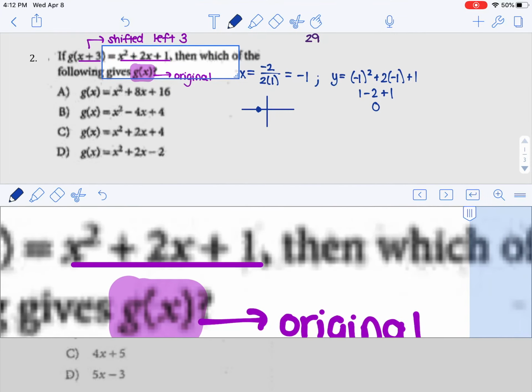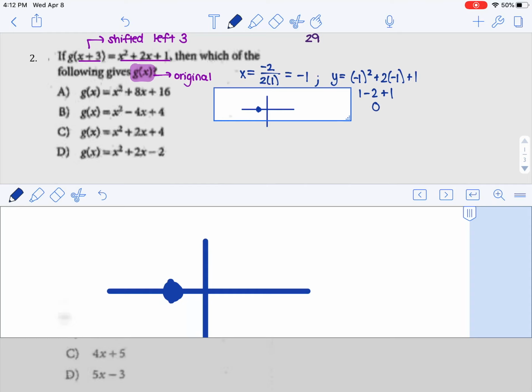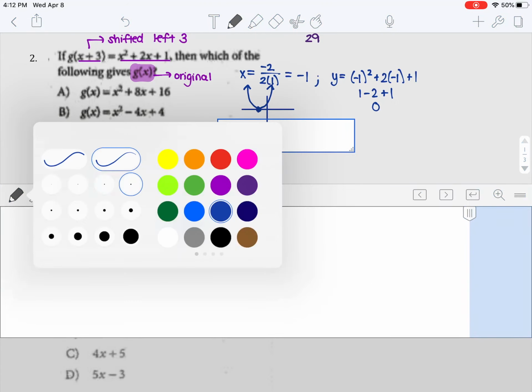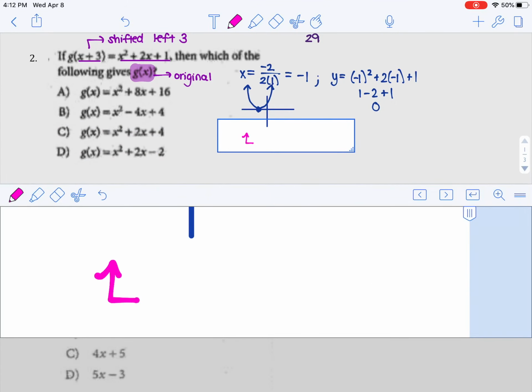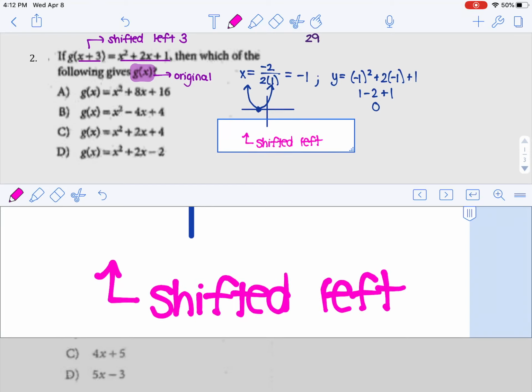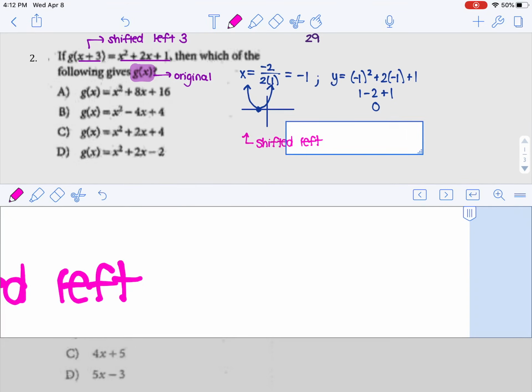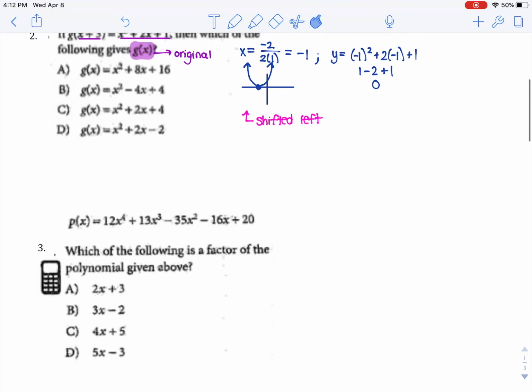And then because it's quadratic, it's a parabola, and it's facing up. So I'm just going to draw a sketch of it. The graph would look like this. All right, so as a reminder, this is the graph that's shifted left 3 units, because this was the equation for g of x plus 3.